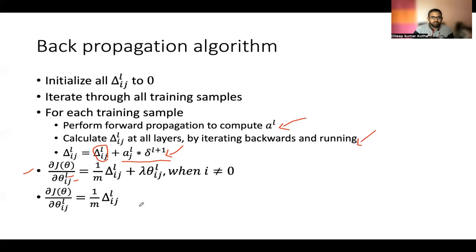When j equals 0, meaning for the bias parameter, since we don't have regularization for the bias parameter, we get it simply like this, dJ by d theta. In this way, we calculate the derivative of the cost function with respect to a particular weight.